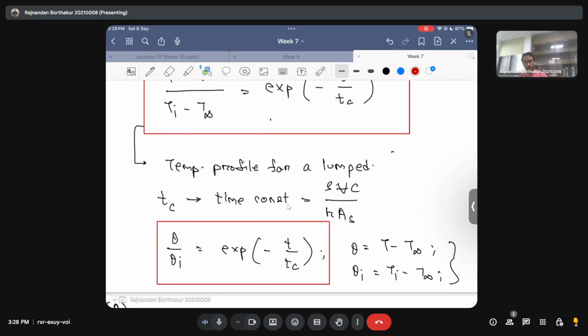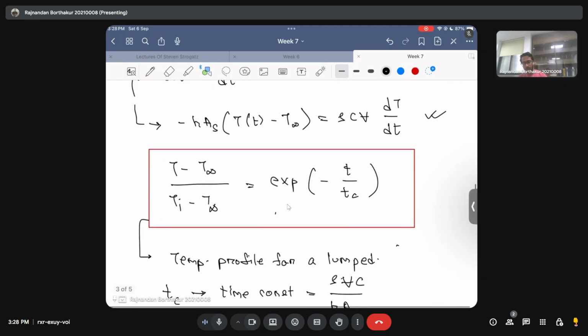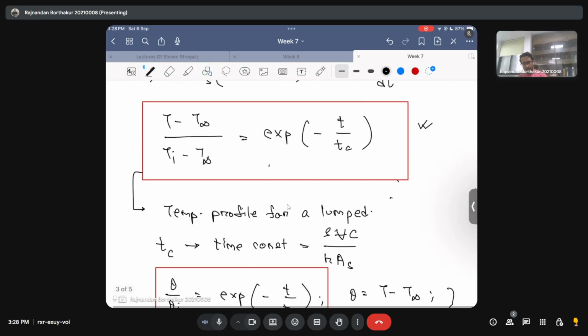But the important thing you need to realize is that this form is only applicable when there is no heat generation.